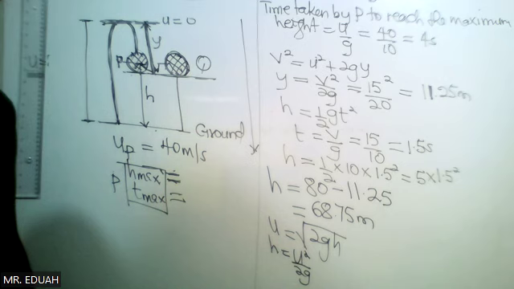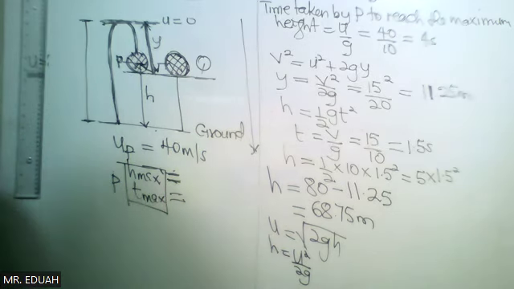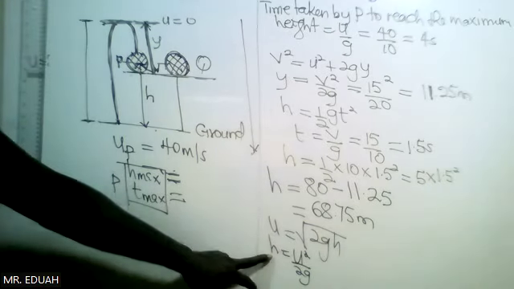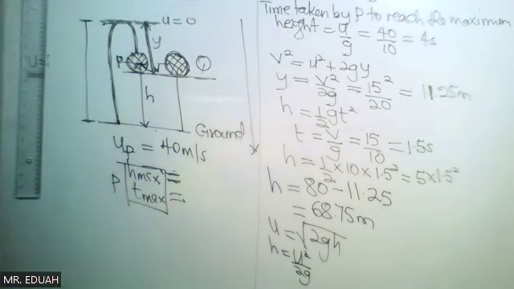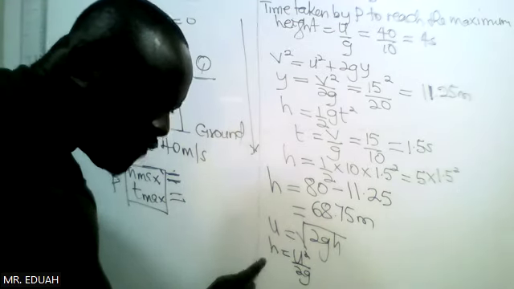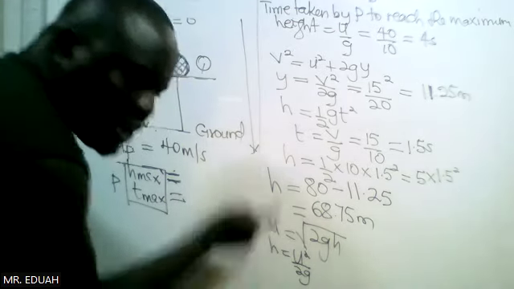Please, don't say height, say maximum height, because this is used for maximum height. H here is not just any height. So if you don't know the maximum height of Q, you can't use this.